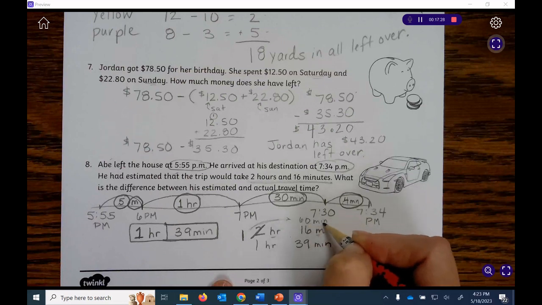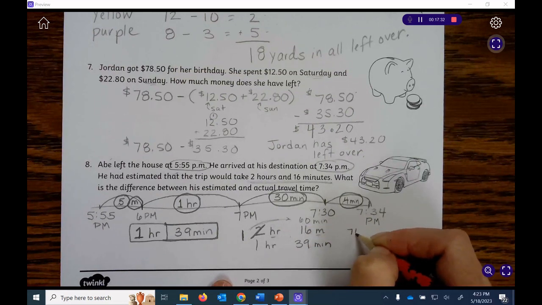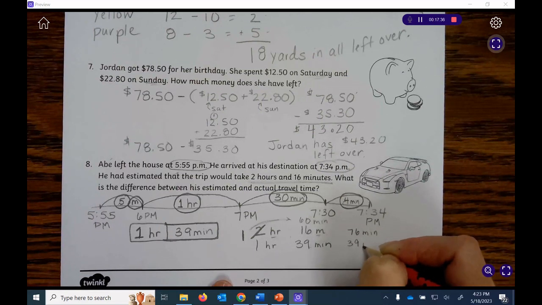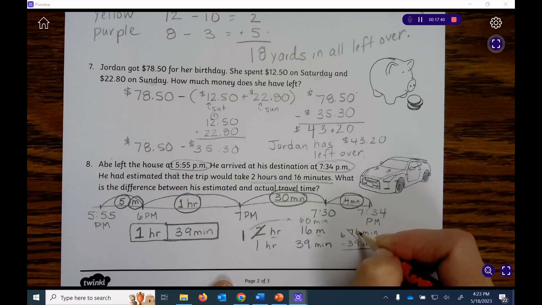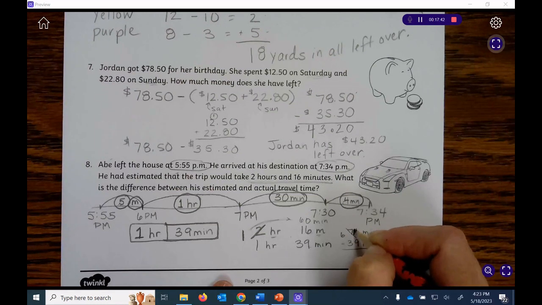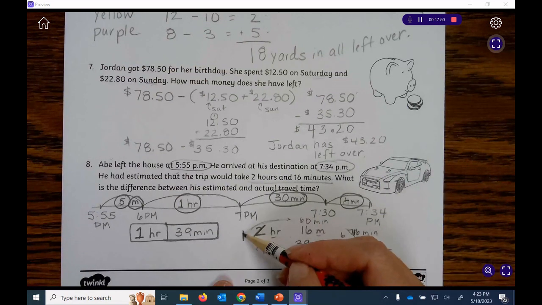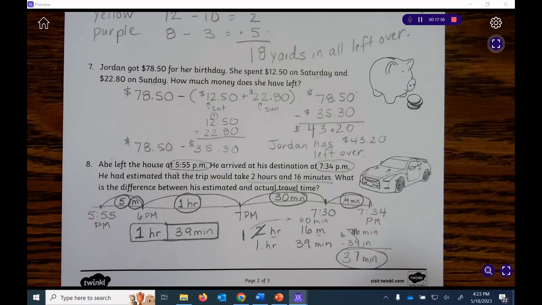So 60 minutes plus 16 minutes is 76 minutes. Take away 39 minutes. And now we can subtract. That's 6. That's 16. So that's 7. And that's 37 minutes. And 1 hour, take away 1 hour is 0. So the difference is 37 minutes.